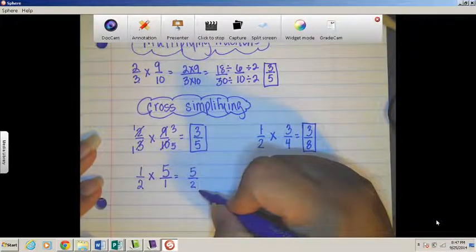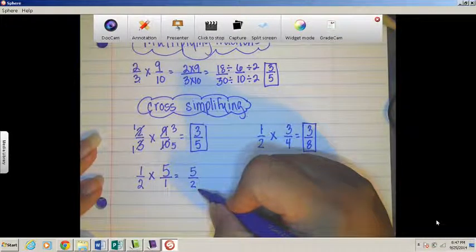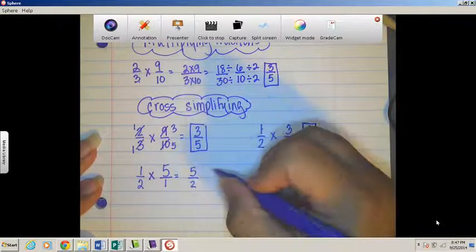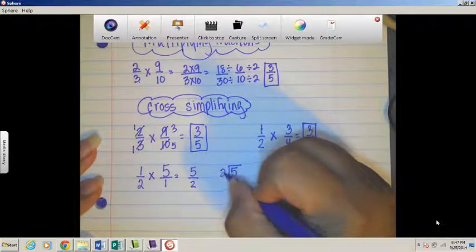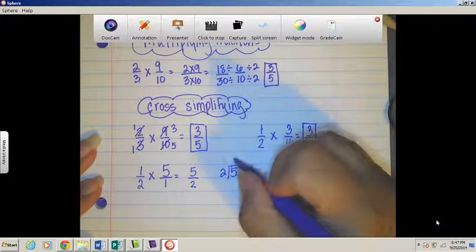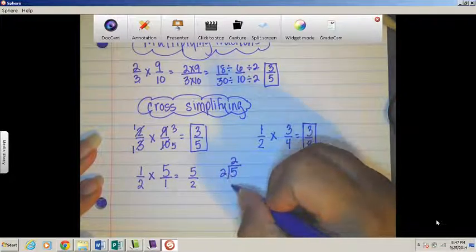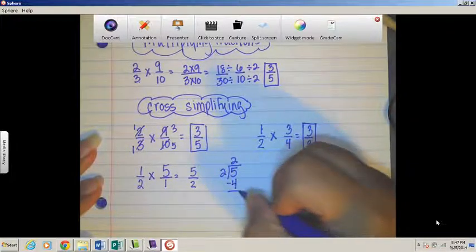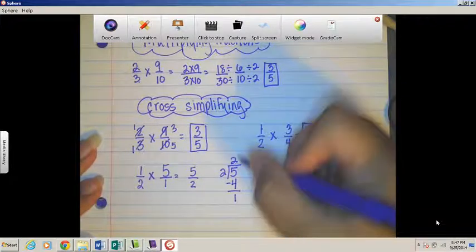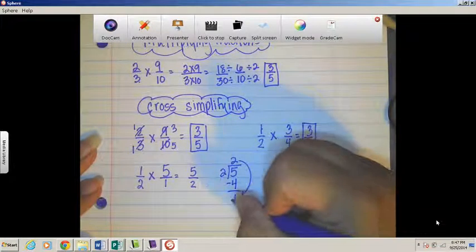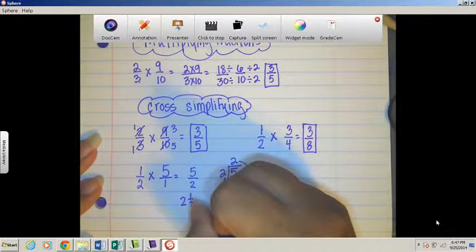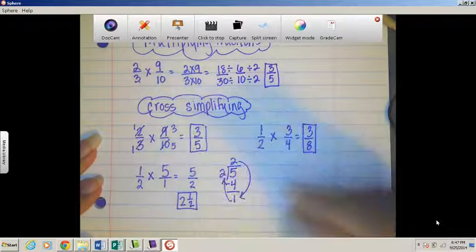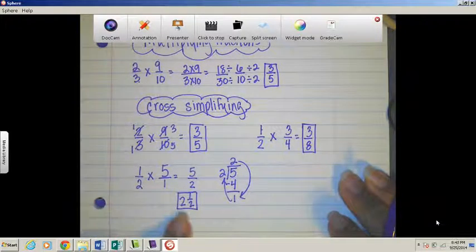I need to convert this improper fraction into a mixed number. 5 divided by 2. 2 goes into 5 2 times. 2 times 2 is 4. 5 minus 4 is 1. 2 and 1/2. That is the mixed number. There will be 2 and 1/2 inches for all 5 books together.